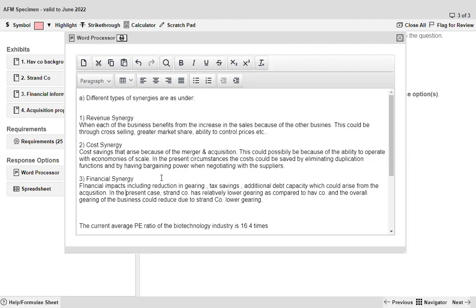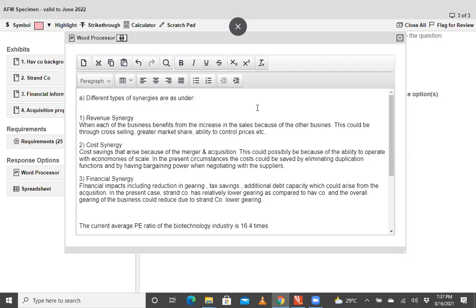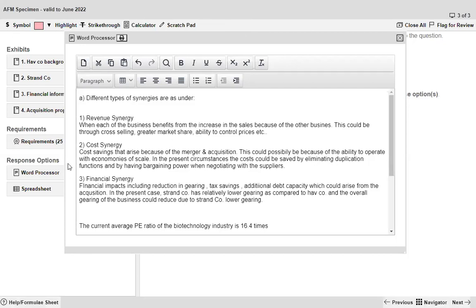Okay. There is an additional thing, which is the offsetting of the tax losses. Yes, that could also happen. Yes, that could also be there.